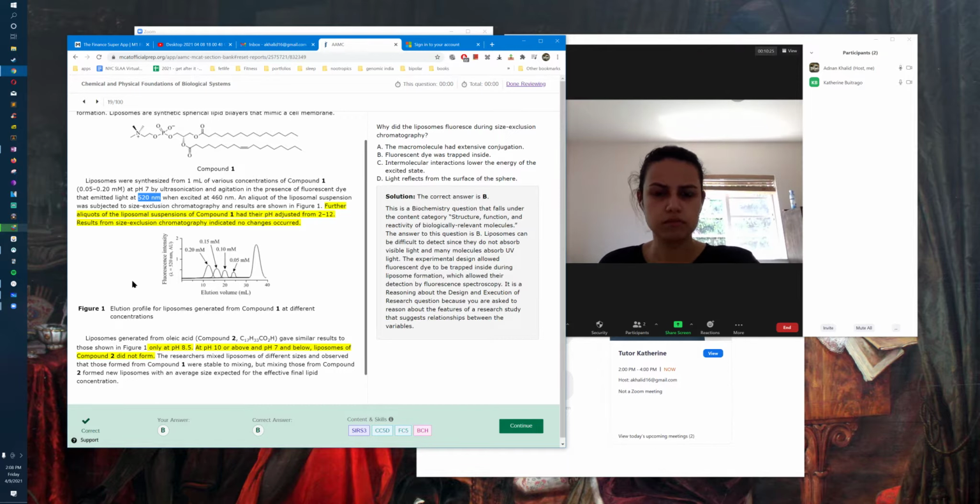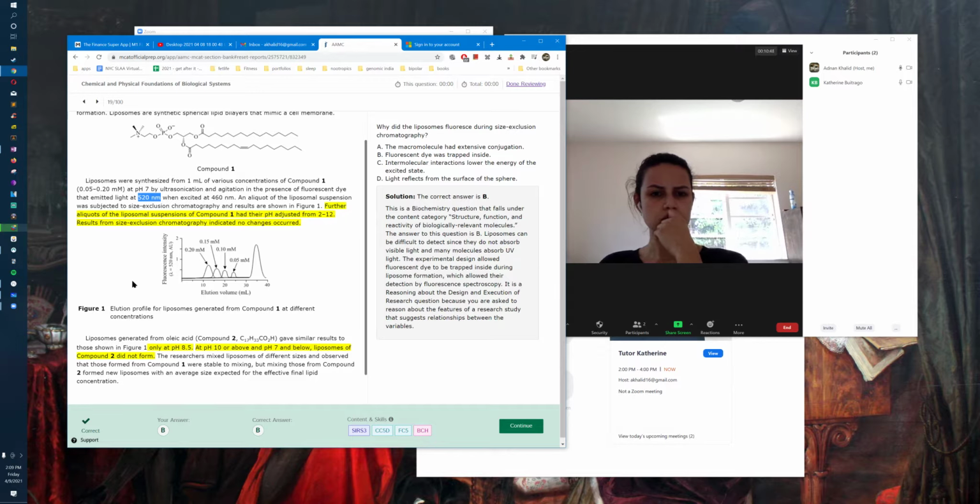So basically they're making liposomes using 1 milliliter of compound 1 at various concentrations, and they're putting it through size exclusion chromatography for some reason, I guess.